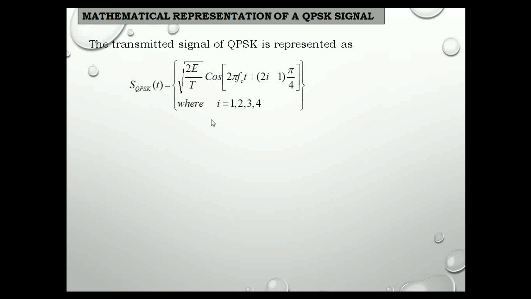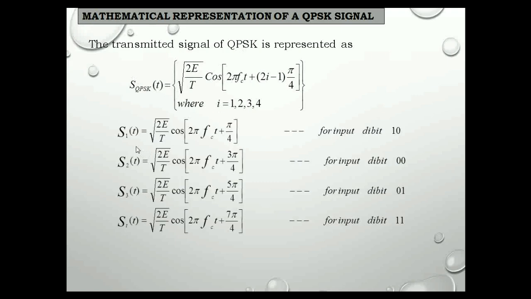Applying the value of i, we get S1 of t for 10, S2 of t for 00, S3 of t for 01, S4 of t for 11 with the corresponding phase shifts pi by 4, 3 pi by 4, 5 pi by 4 and 7 pi by 4.